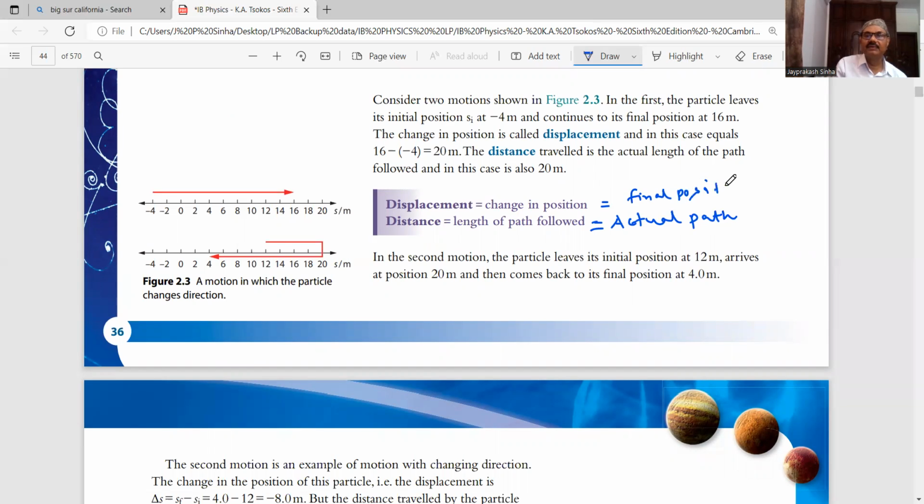Always remember, final position of the body minus initial position. Displacement is a vector quantity, and you already know direction is very, very important here. And distance is a scalar quantity.